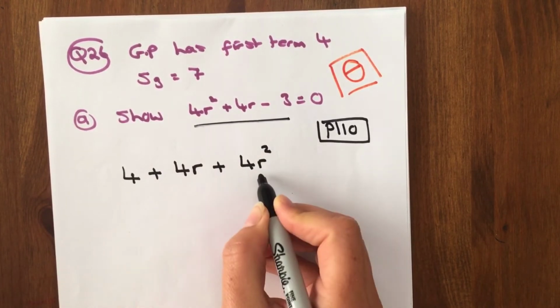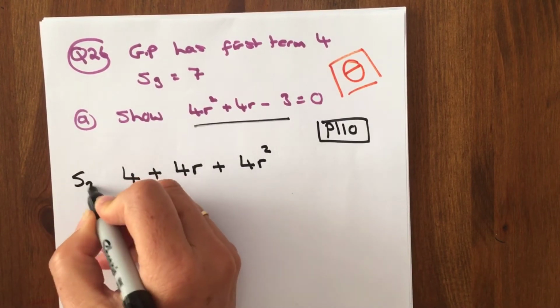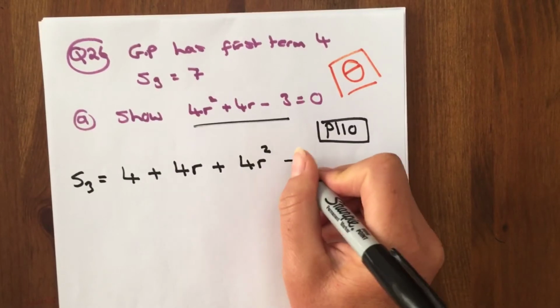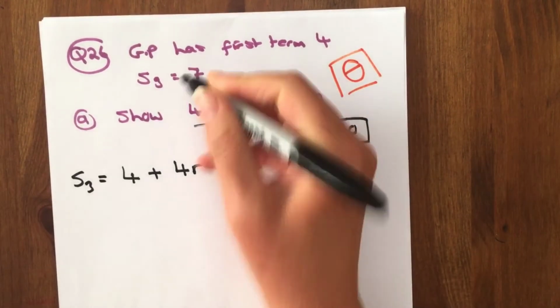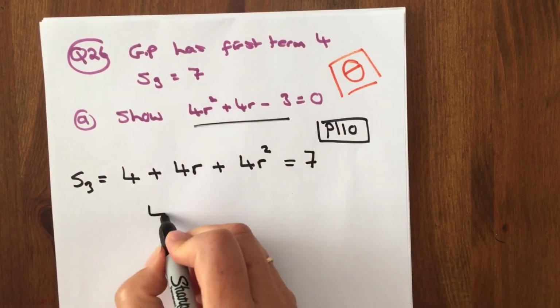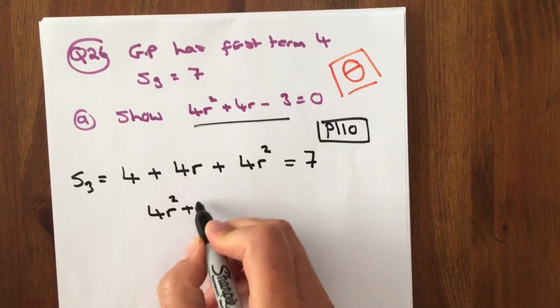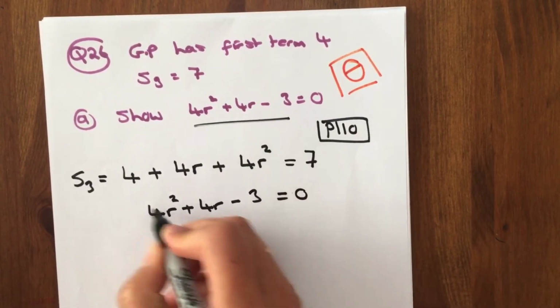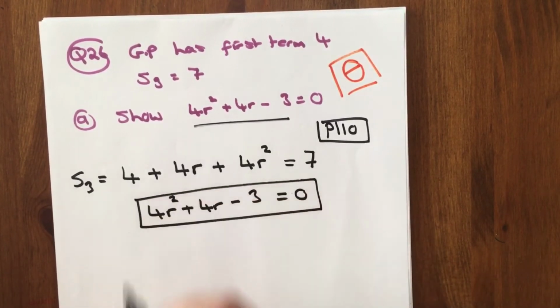First, second, third term. So this is the sum of the first 3 terms, and we're told in the question that that is 7. So I've already got here, haven't I? All I've got to do now is put it into the correct order, take 7 from both sides, and I've done part A.